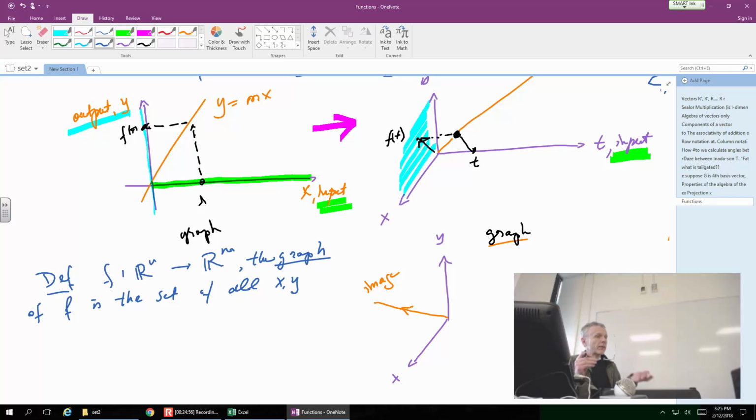The graph contains all the information about the function because it has all the x inputs as well as the corresponding outputs. So with y equal f of x. As you can see, I'm using this notation to take care of all possible dimensions. So x is a vector in Rn, y is a vector in Rm.